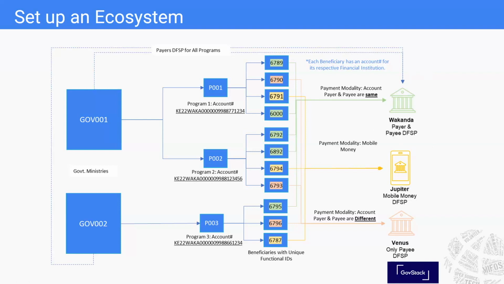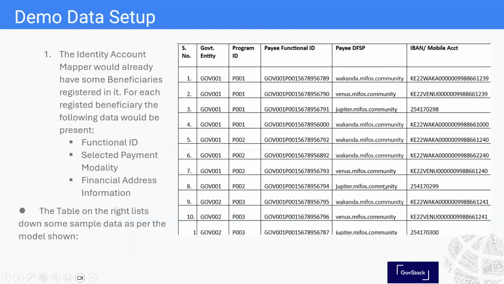What matters is that that information is here, and the Payment Hub would enable sending the payment to it. All of this could be set up in a mock account. We will be sharing this document as well, and how that could be set up and then tested.